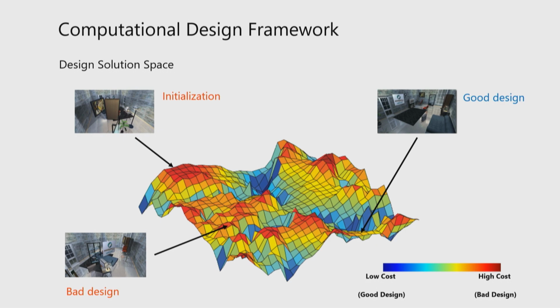If you just do the design manually, of course, you can still create some good designs, but probably you are only able to explore a small area of your solution space. But if you formulate this mathematically and rely on the computer to automate the process, then you can possibly sample lots of good solutions in this whole design space. So that's the major idea about computational design.